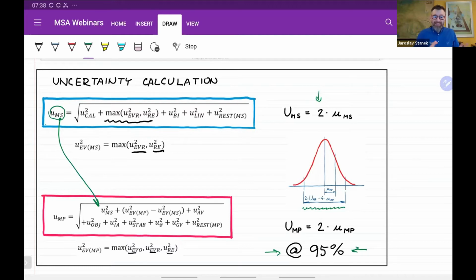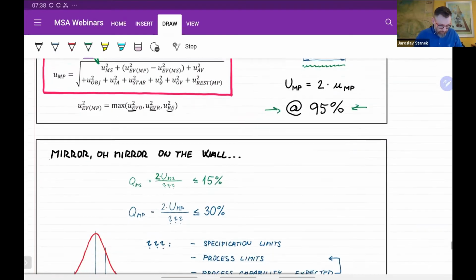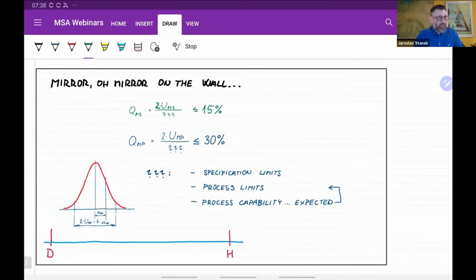So this is the dimensional one. The uncertainty is the technical side of things. But if we want to generalize that, we need a non-dimensional quantity. Usually these are called indices. So in this realm of industrial uncertainties, we have what's called the QMS and QMP, which is a quality index of the measuring system and the measuring process.